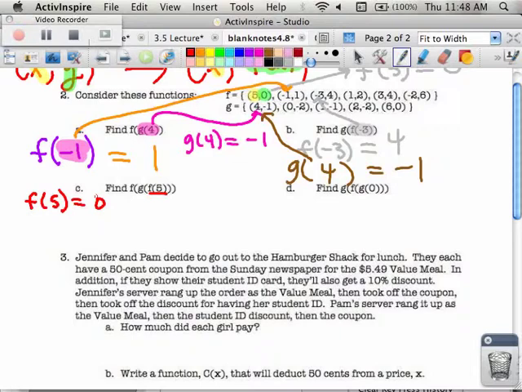But I don't want F of 5, I want G of F of 5. So now I go to G of 0. And G of 0 is negative 2. And then, oh darn it, I didn't want that. I really wanted F of negative 2, which is 6. That's my answer, 6.